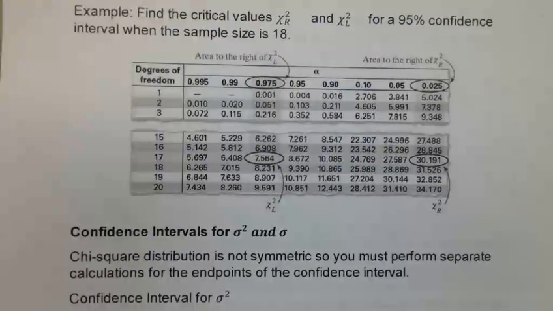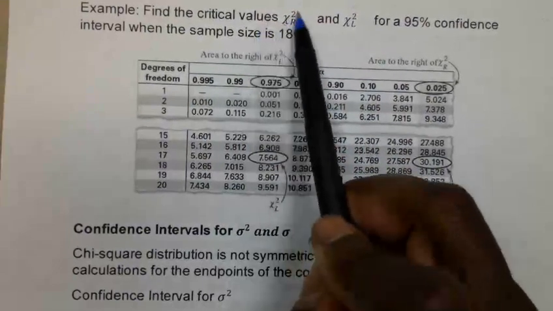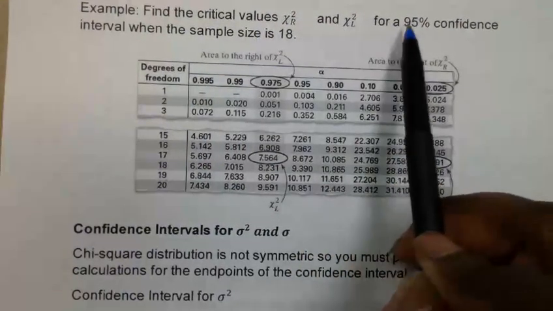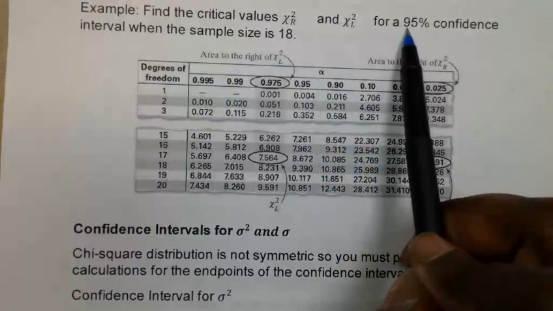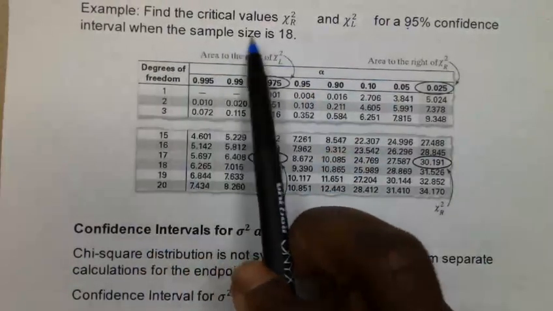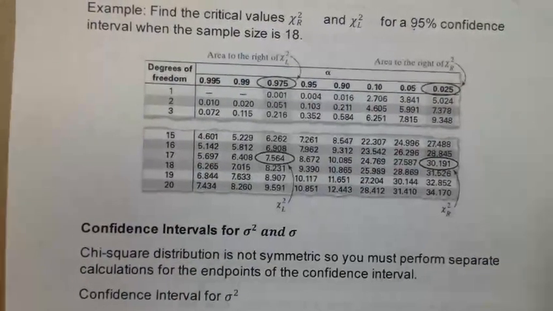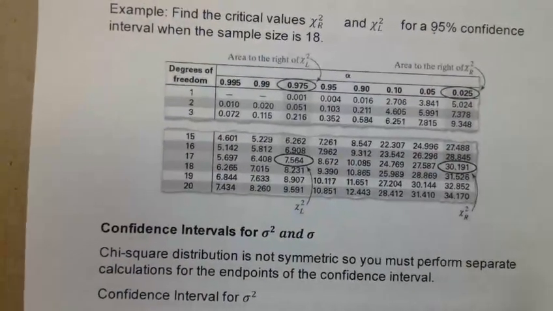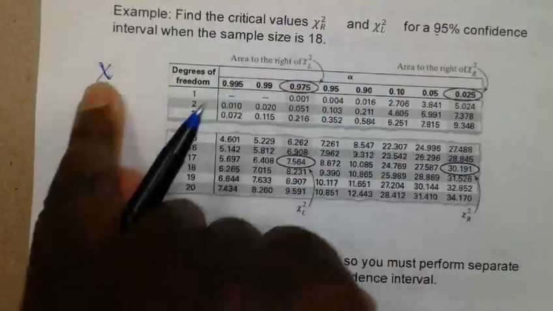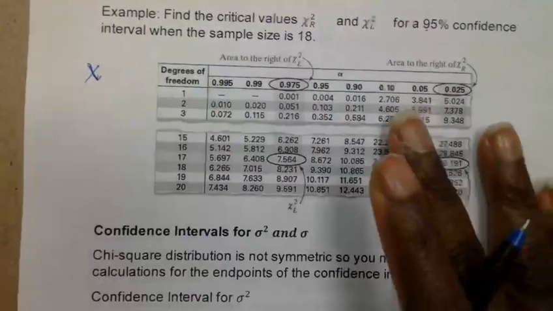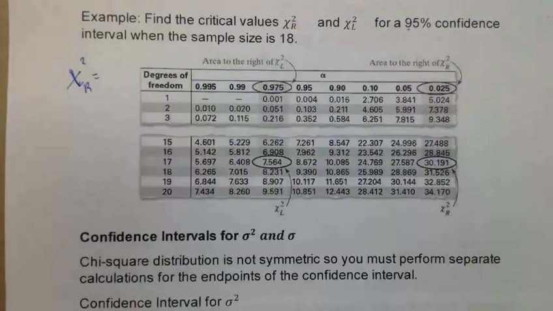So we have the chi-squared R and chi-squared L for a 95% confidence level interval when the sample size is 18. I did not give myself enough room to work this out, so I'm just going to split this up. All right, so to make the chi, I try to make one of these lines straight and the other one squiggly. It's the best I can do.